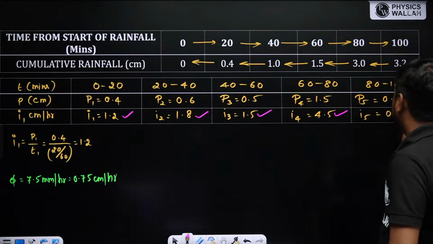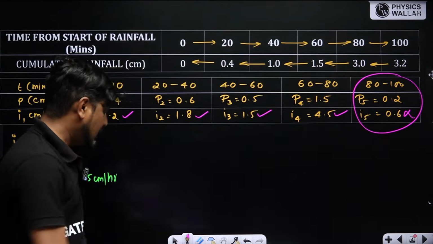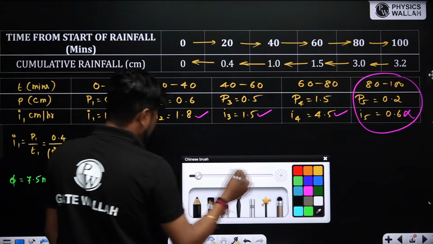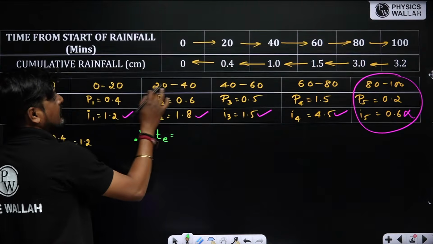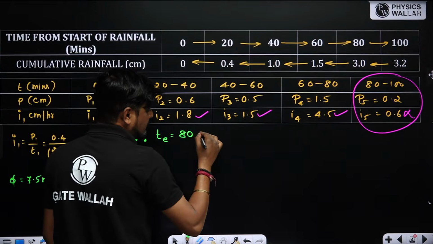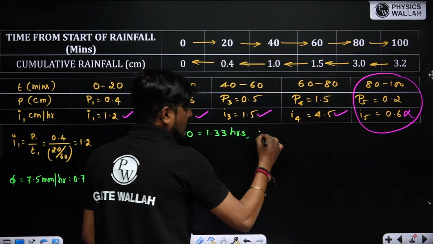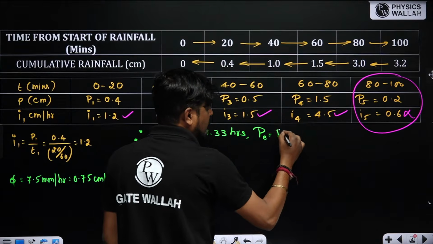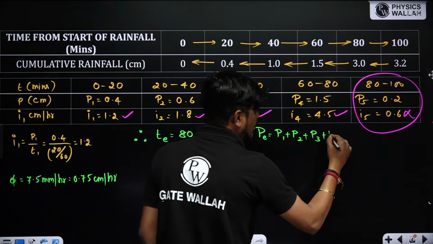I5 is not, so I5 is not producing any runoff. Therefore your TE will be equal to 20, 20, 20, 20, that is 80 minutes, 1.33 hours. So PE is equal to P1 plus P2 plus P3 plus P4.